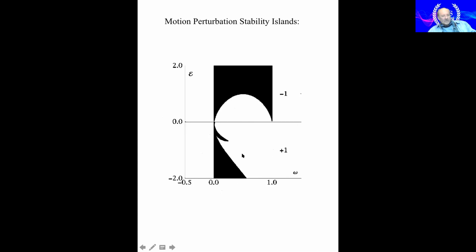So now if you plot probability density, you have 2 Gaussians moving along the trajectories in the stability zones.